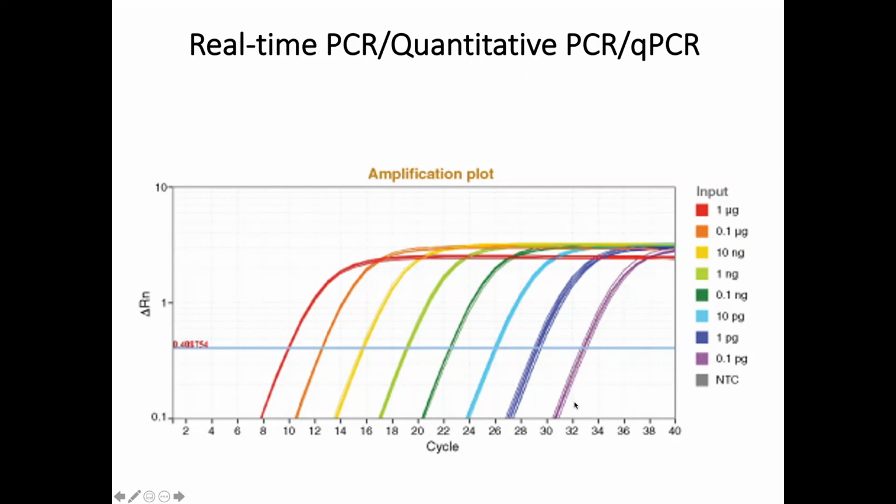And for the red line, which contains 1 microgram of DNA template, it only needs about 10 cycles of amplification to reach this blue line, this much DNA content. So this indicates these are very different, okay?